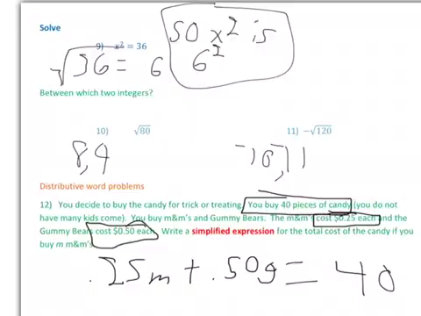I got 8 and 9 because I know that 8 squared is 64 and 9 squared is 81, so it's between those two. For 11, the problem is the negative square root of 120, and I know that 10 squared is 100, and 11 squared is 121, and it's between them, and it's a negative, so it would be negative 10 and negative 11.